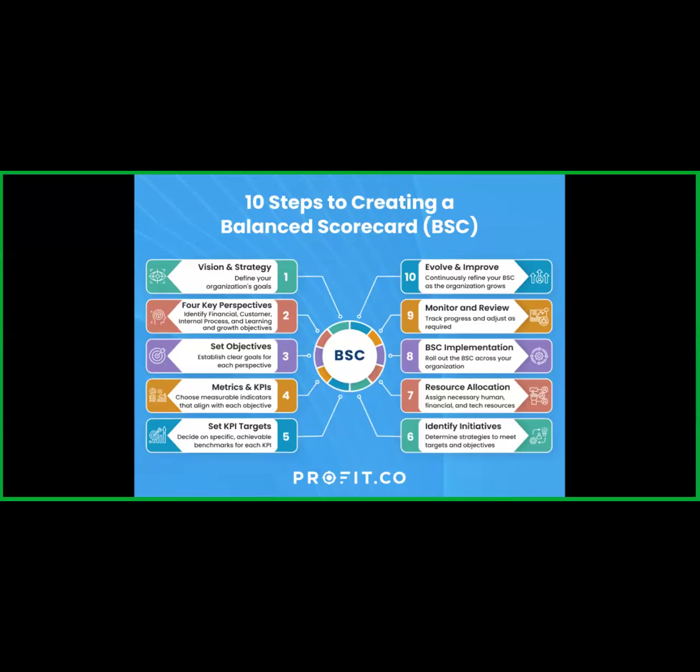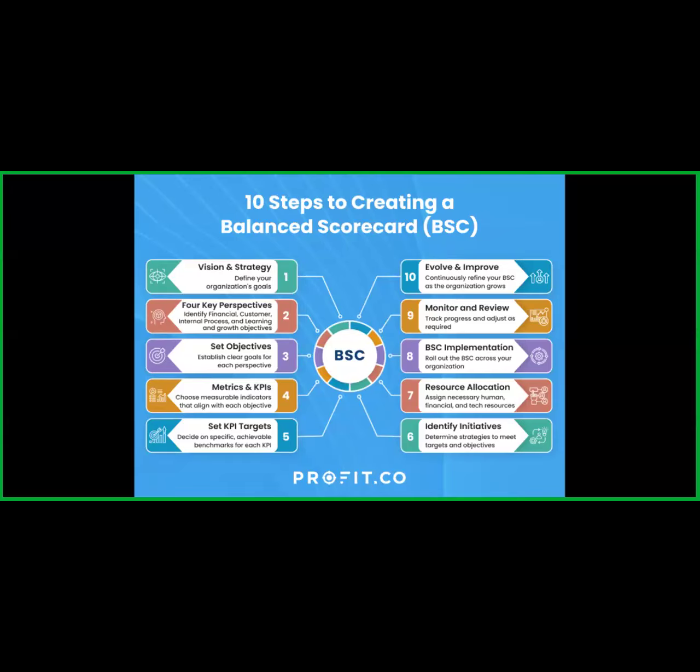Step number 9 talks about monitor and review. Monitor what? Monitor the strategy, whether we are getting the results as discussed, as decided, or as planned. If we are getting the results as we had planned earlier, nothing is to be changed.